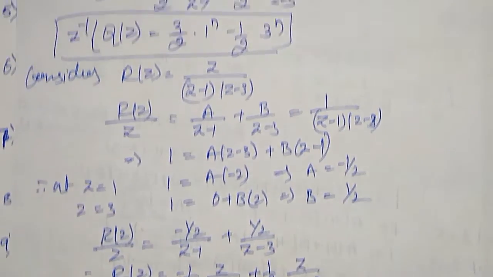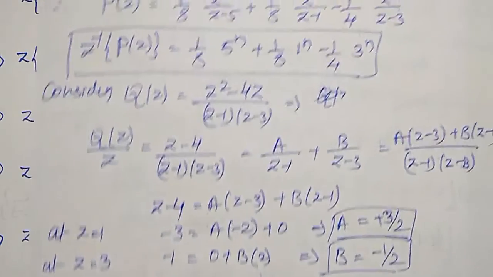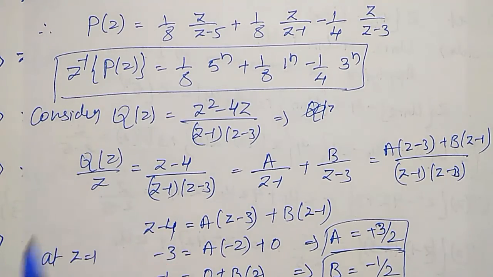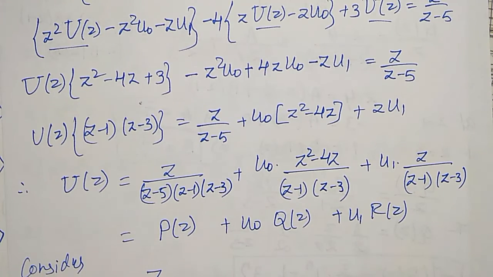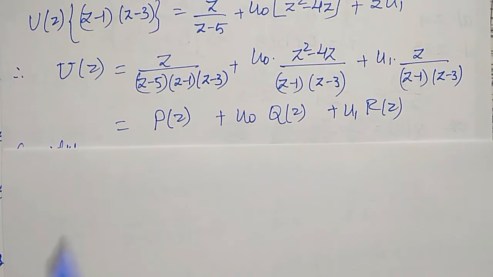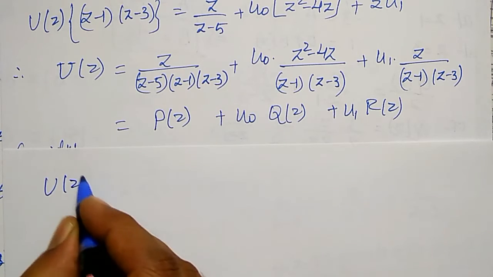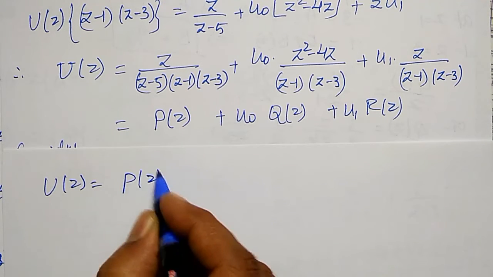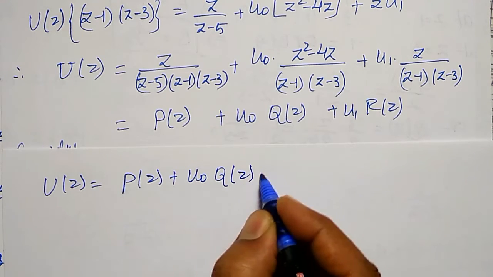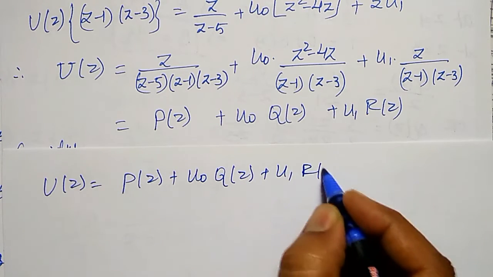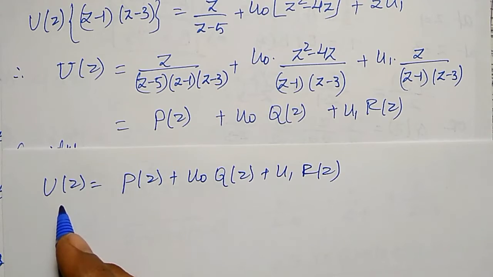Using this r of z, q of z and my p of z in the equation, I will simplify that. I will come back here. In this equation my u of z is equal to p of z plus u naught q of z plus u1 r of z. I want un.